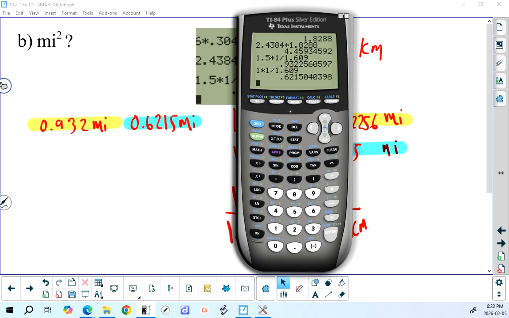What I can do is I can just say times, and it says answer times, and that means that answer is 0.6215040398. It has all those digits. I want to multiply by that 0.9322. I can use the up arrow to go up and highlight that and hit enter, and it will bring it down. There's no need for me to write down a bunch of numbers. What we're getting is about 0.58 square miles.